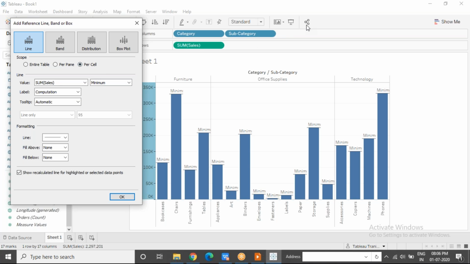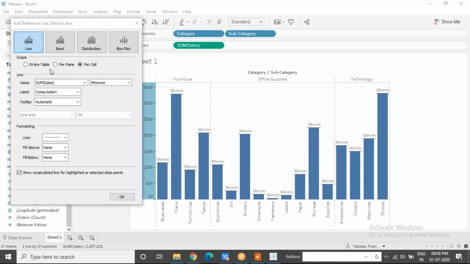However, this is very significant if you are going to put the reference line with respect to any other measure. If your reference line is going to indicate some other measure, then it becomes very significant. That is the concept we will use to transform the chart into a bullet chart.